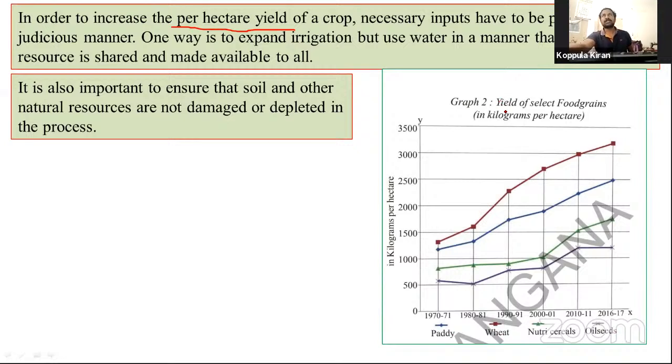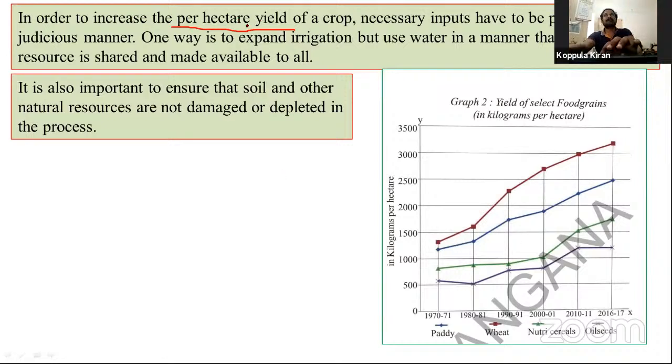Yield, in our Telugu, digubadi. We can say yielding from the fields. What are the food grains we yield per hectare? How much production is produced by us? Look at this, same graph 1 and 2. Okay, let us discuss this graph next lesson.